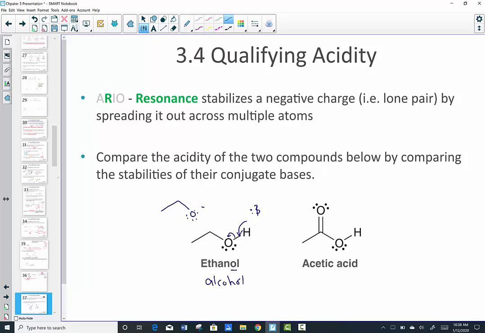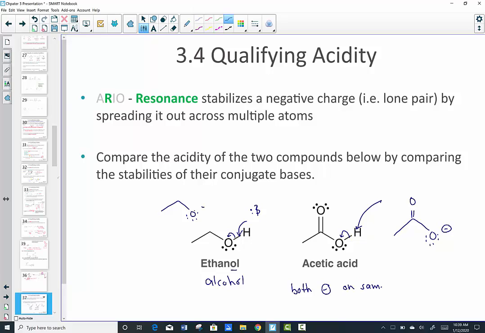But in acetic acid, when this proton gets abstracted and the oxygen collapses, this oxygen receives a pair of electrons when the hydrogen is removed, forming a negative charge here. Both negative charges are on an oxygen.